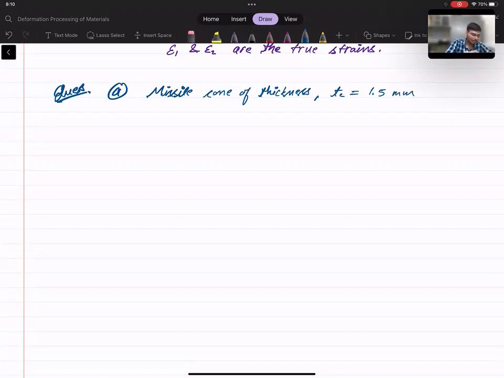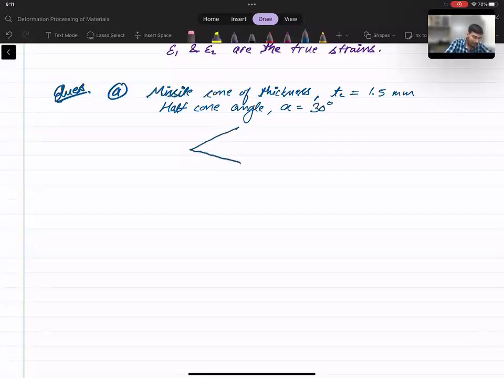Again, the half cone angle is alpha, and it is given as 30 degrees. This would be the profile of the cone like this, and say this is the angle alpha here.